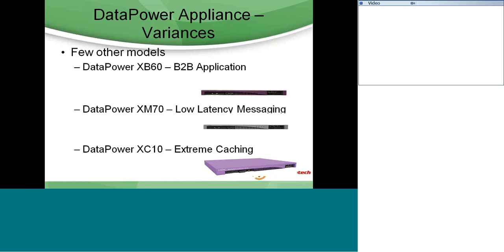The XM70 and the XC10 are used with any one of the other appliances. Whenever you need a high level of messaging throughput, you can use the low latency messaging appliance, XM70, with an appliance like XS40 or XI50. XC10 is extreme caching. If you want to provide very high level caching, you can use XC10 with the support of XI50 or XS40.